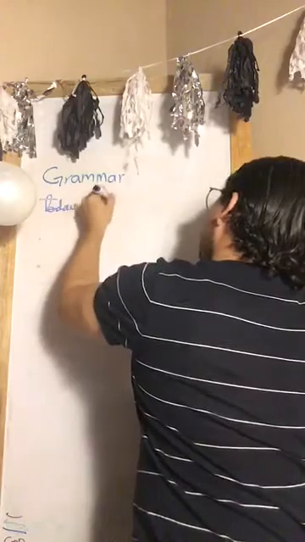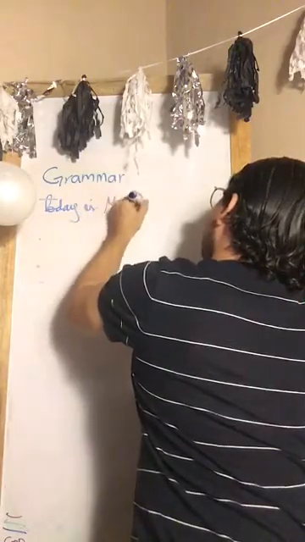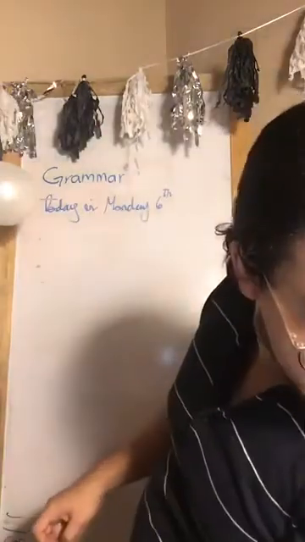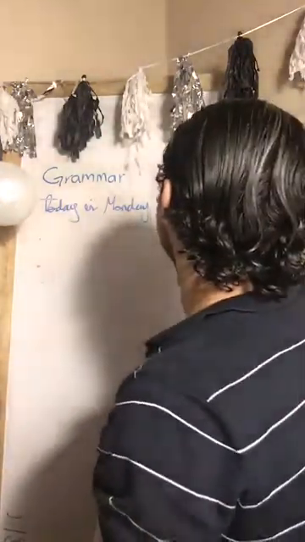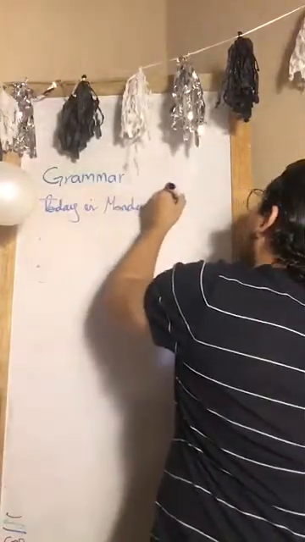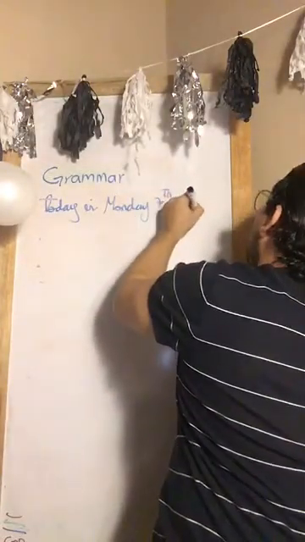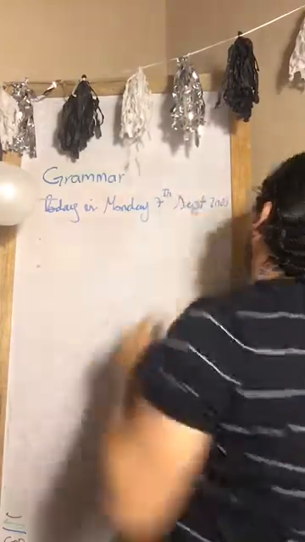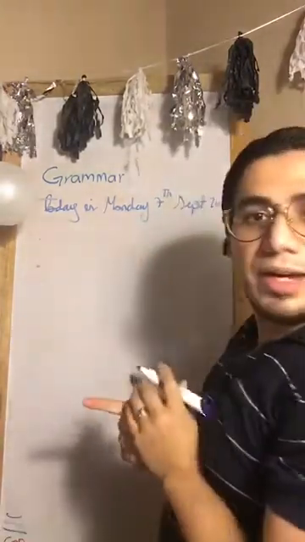So today is Monday. Is it the 6th? Oh no, today is the 6th. Tomorrow is the 7th. Monday the 7th, September 2020. Okay? There we go.